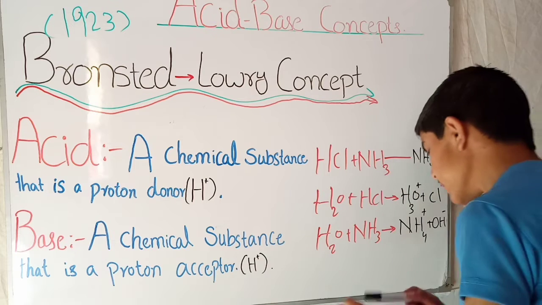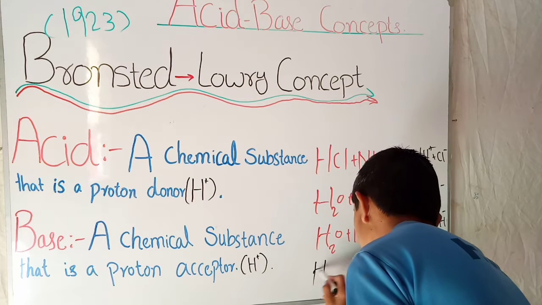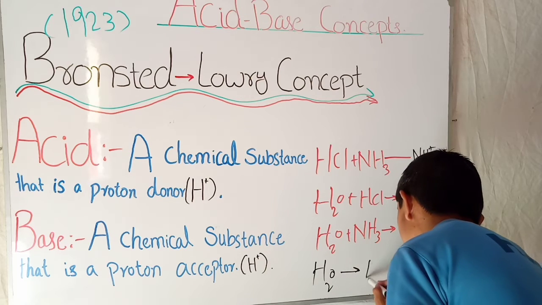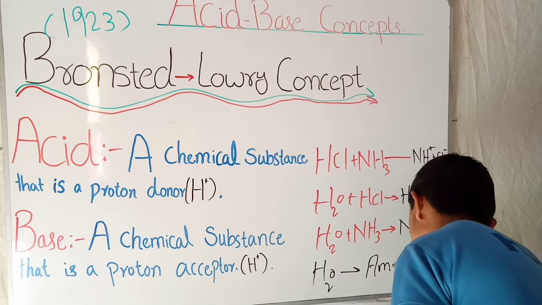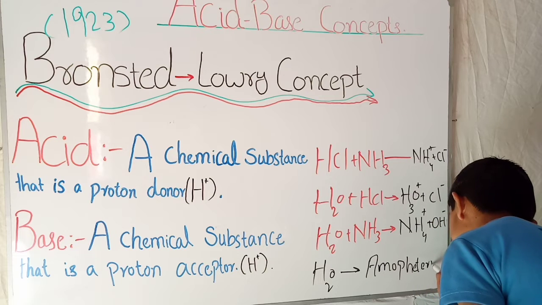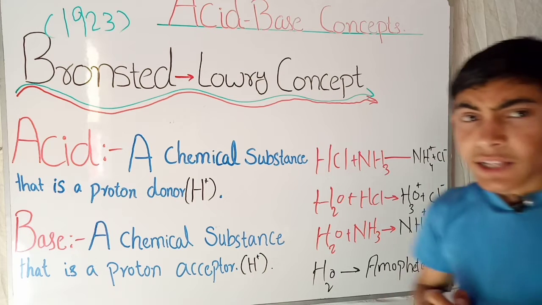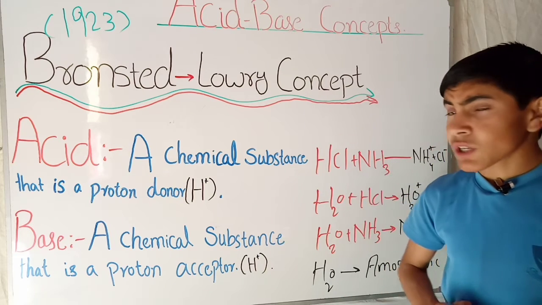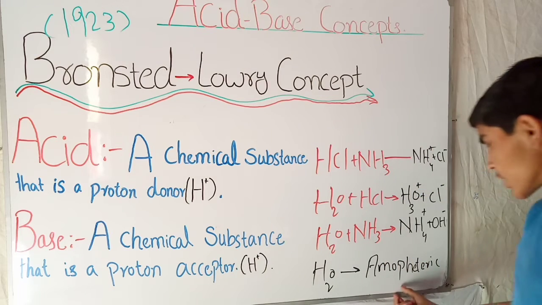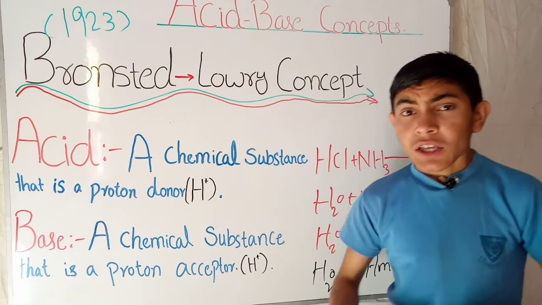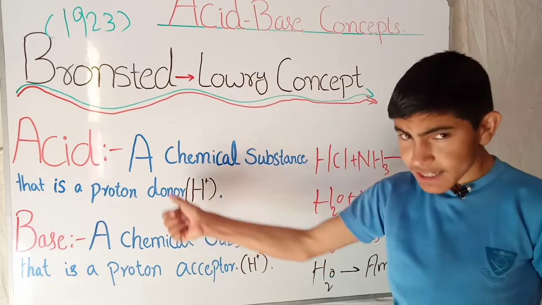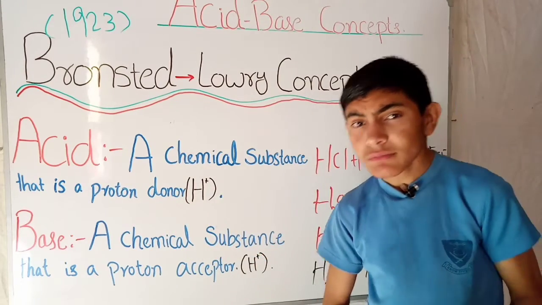So we say water, H2O, is amphoteric. On the basis of the Bronsted-Lowry definition, water is an amphoteric substance. Amphoteric means a substance which is both acid and also base.